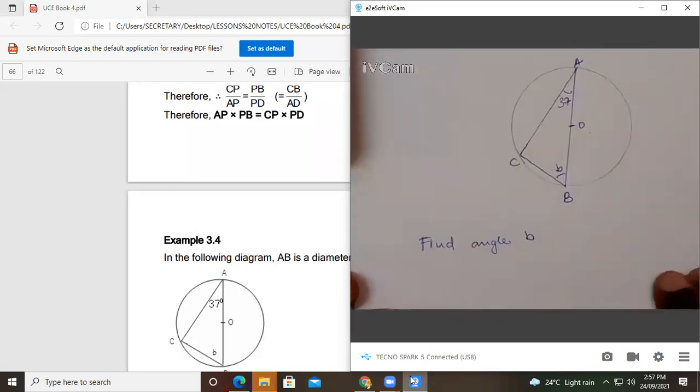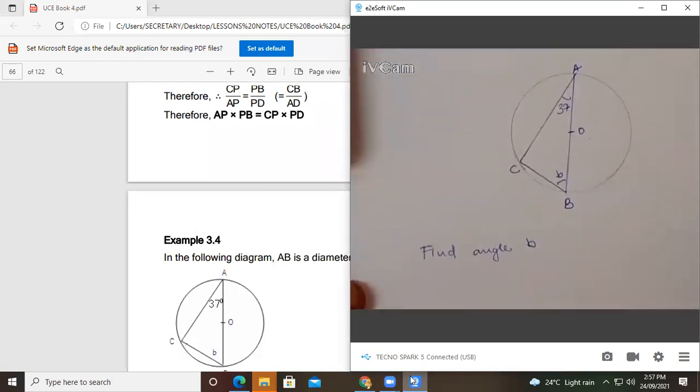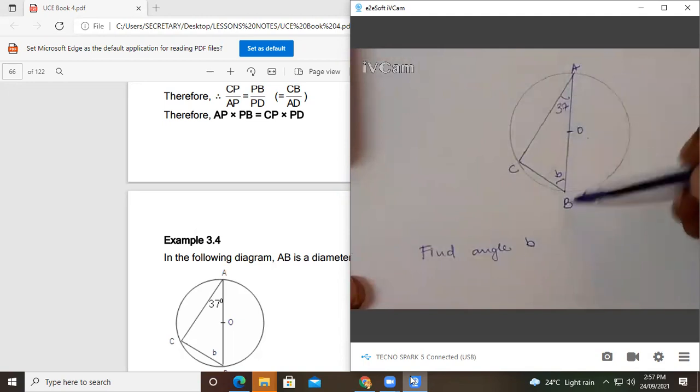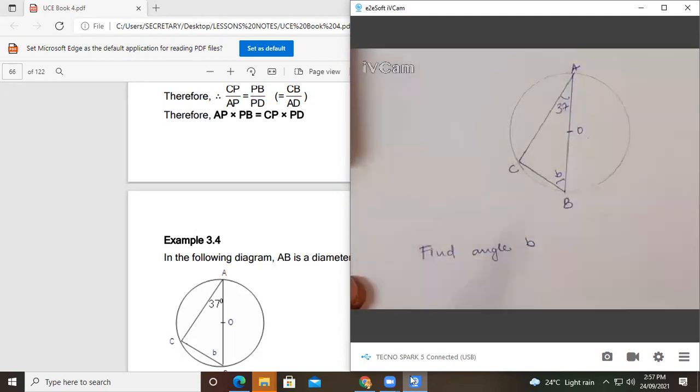All right, so now, which property are we going to use? Who knows the property we are going to use there? What do you know about this triangle? First of all, look at this line AB. This line is a what? Members, unmute. It's time for us to talk.